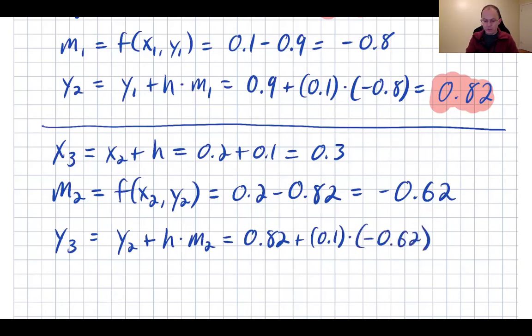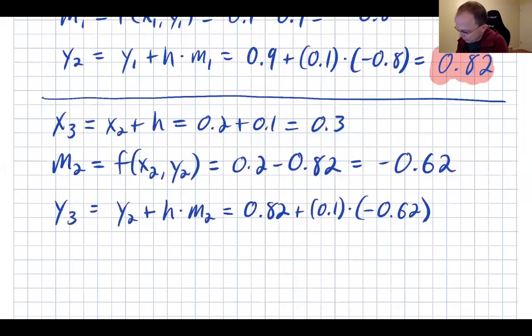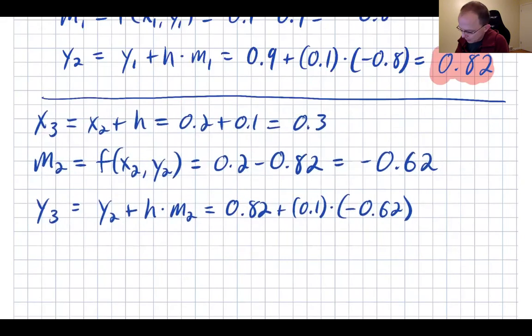And that is going to be 0.82 plus 0.1 times, you're going to be amazed how fast this is later. I'll show you how to do this on the computer very efficiently. Let me just move this over a bit to make room. This is 0.758.